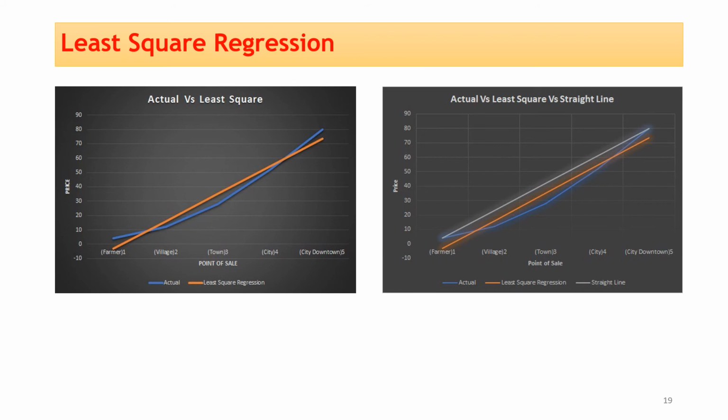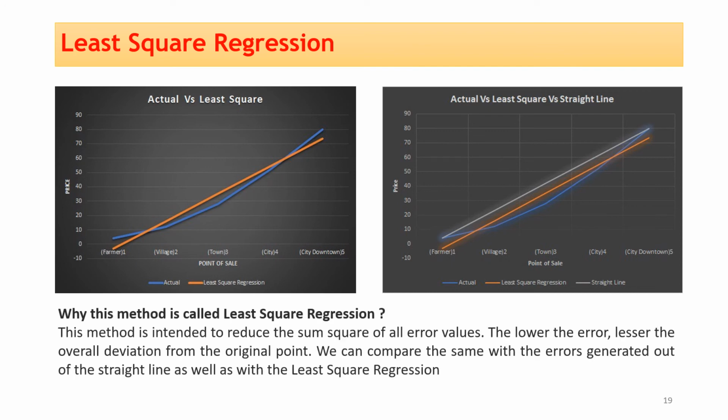In the second graph, our blue line indicates the actual values, the gray line indicates the straight line equation, and the orange line indicates the least square regression.